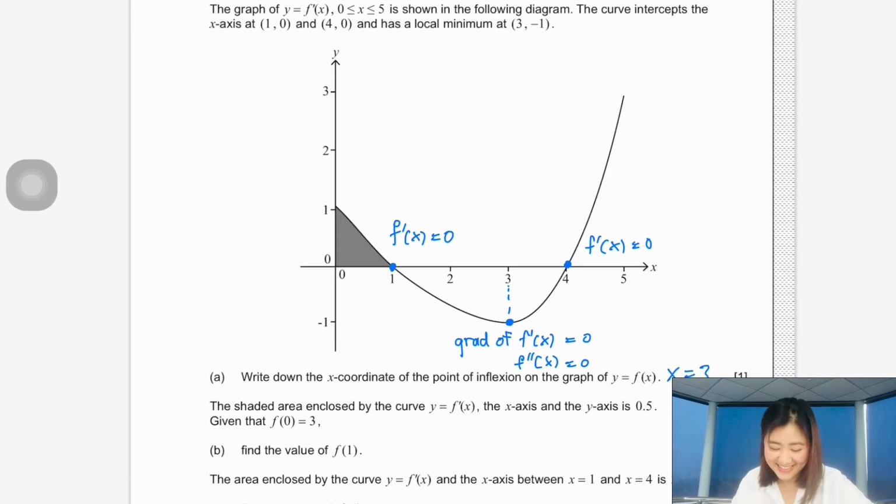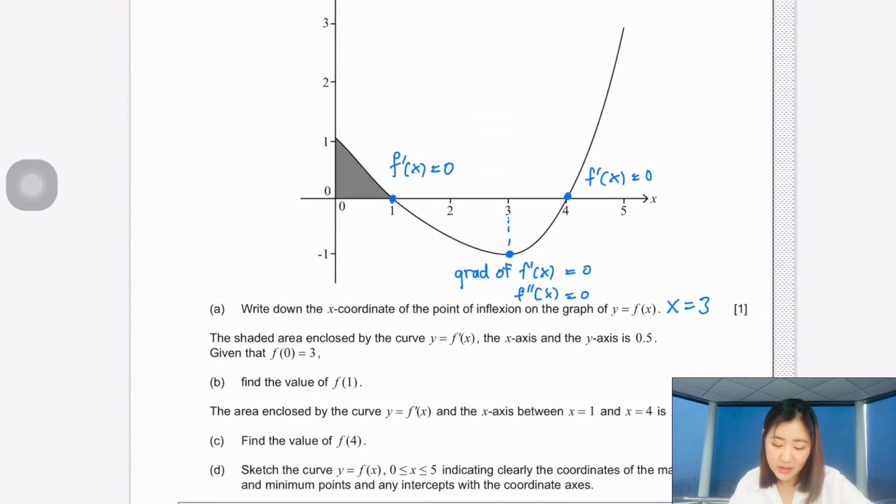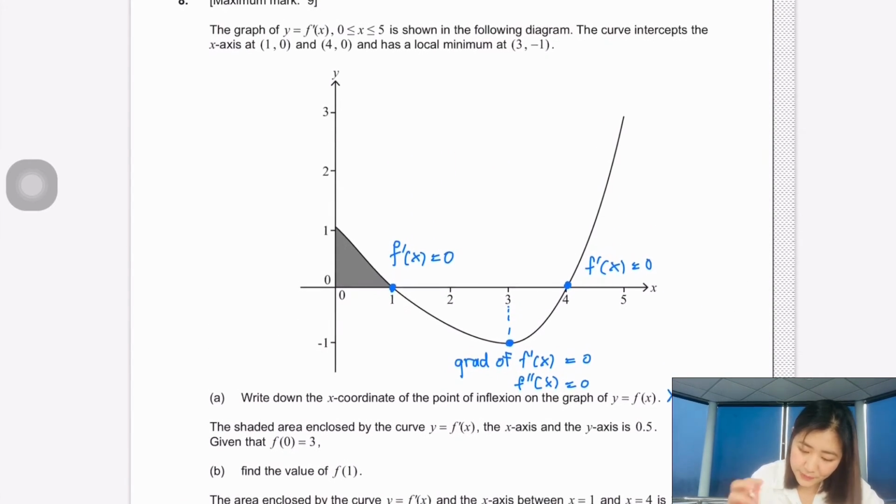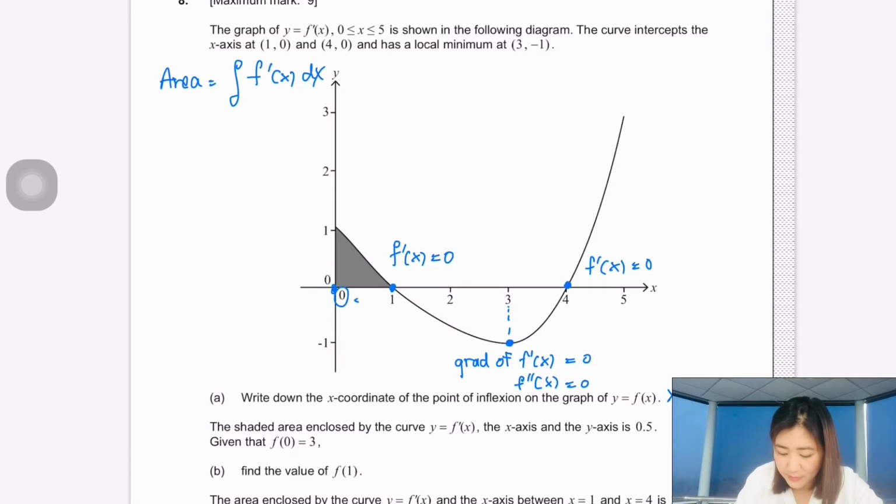Question B: the shaded area enclosed by the curve y equals f prime x, the x-axis and the y-axis is 0.5. Given that f(0) equals 3, find f(1). The shaded area is the integral of f prime x dx from 0 to 1.